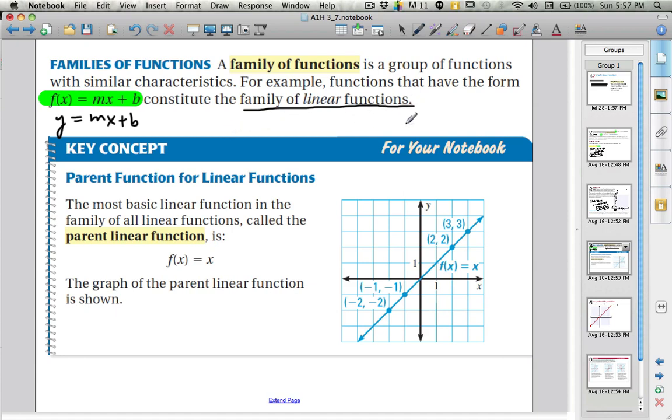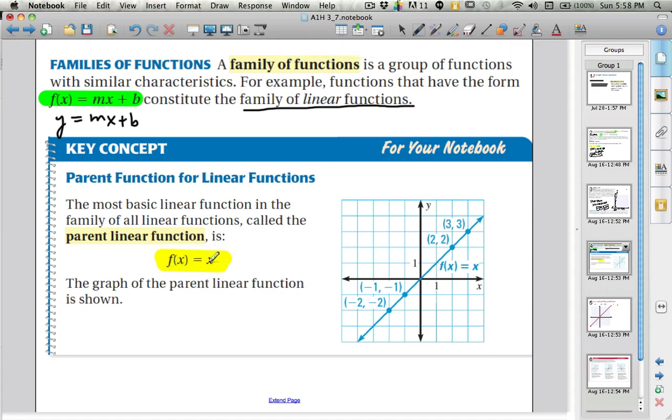And later we'll work with the family of quadratic functions. And you'll work with the family of cubic functions in other classes, etc. But they all have a basic core form that can be expressed in its simplest form. So when we talk about the parent linear function, it's the equation in the simplest form possible.